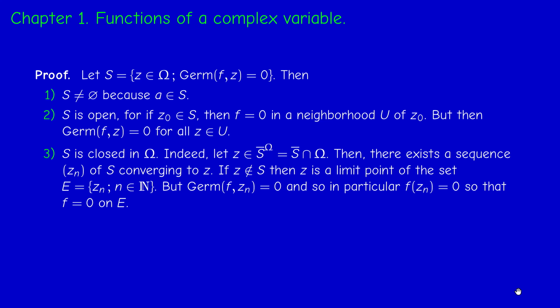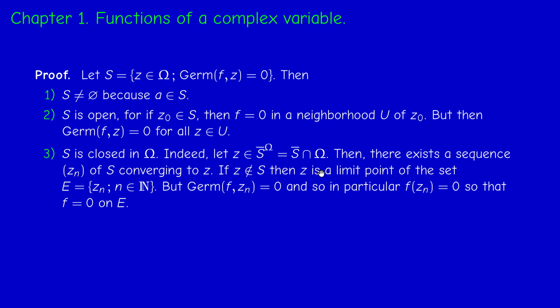Now, since Zn is in S, and S is the set of points where the germ is 0, in particular the germ of F at Zn is 0. So in particular, F of Zn is 0. Okay, so F vanishes on E, on this countable set.